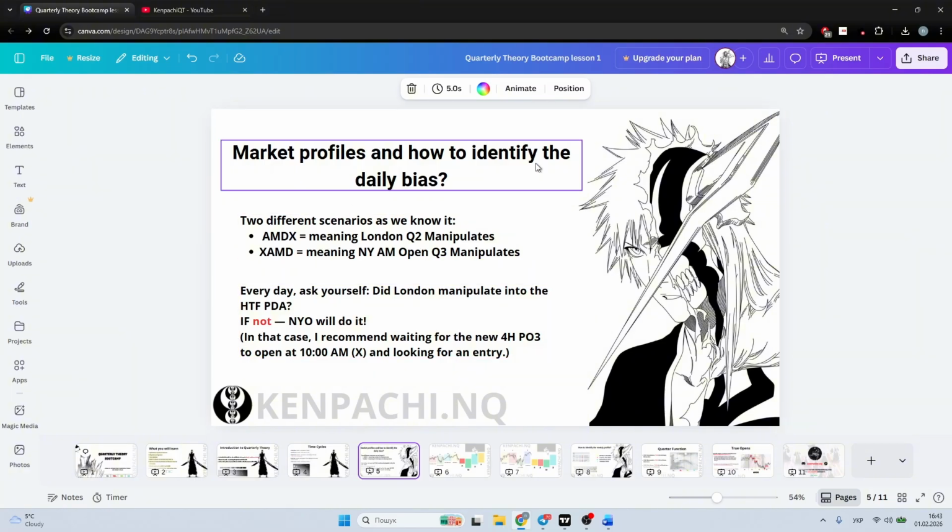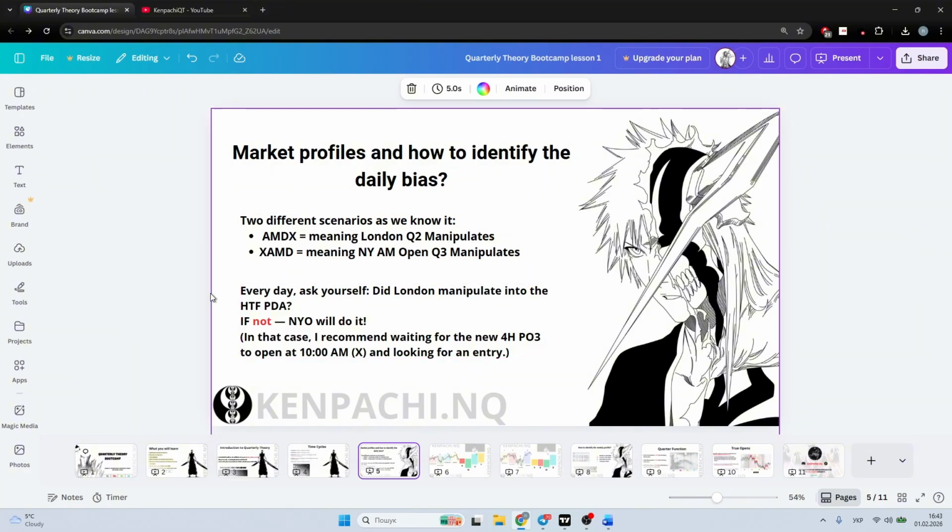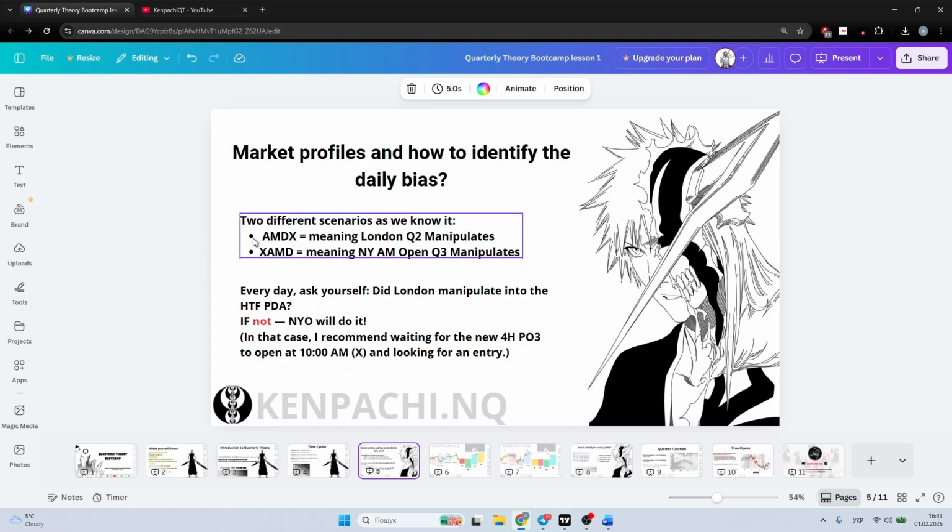So how can we identify the daily bias by it? For example, AMDX, meaning London quarter 2 manipulates. So we are connecting quarters to market profiles.